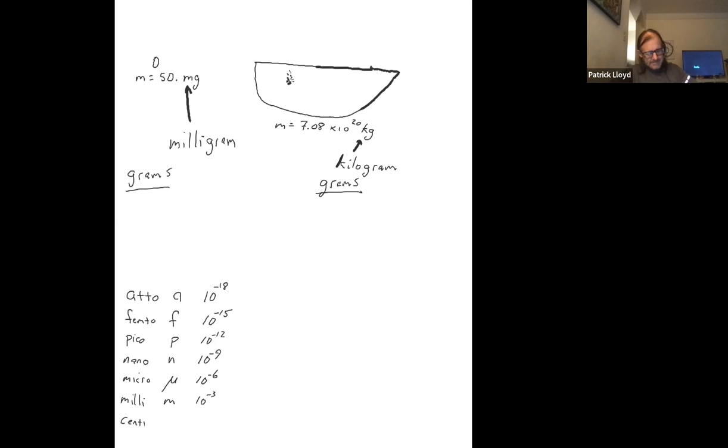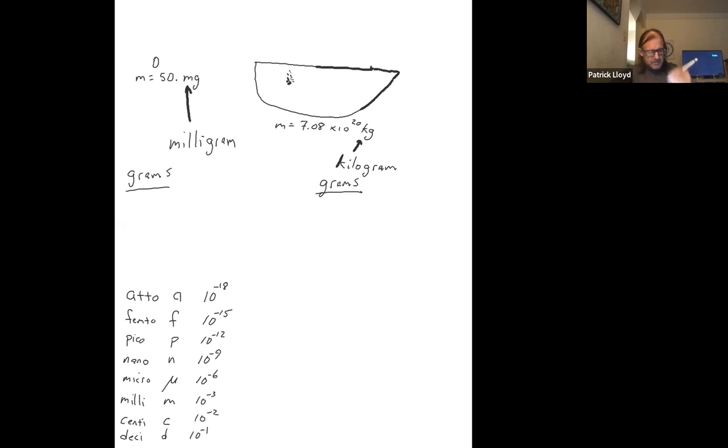Centi, c, 10 to the minus 2. Deci, d, 10 to the minus 1. Okay. So those are all the small ones. Like when we weigh things that are small, like a raindrop, we tend to use these smaller ones, and they actually go out smaller. There's zepto, for example.